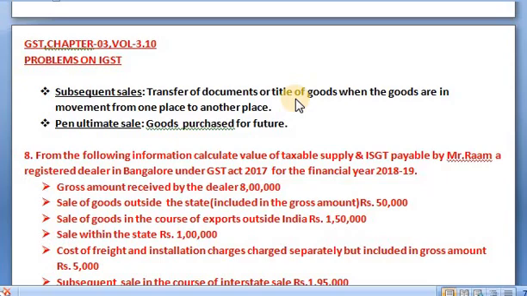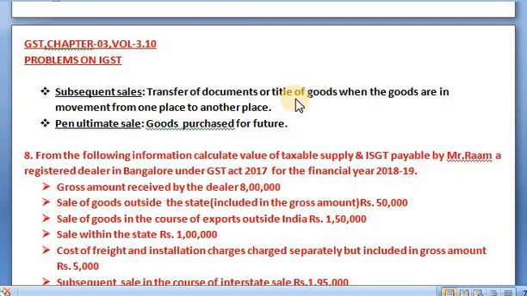So that particular document, when you are transferring to the other party or to your customer, that particular sale is called a subsequent sale. So here the goods is not getting transferred or sold over there, but already the product or goods is in transit, already it is in movement from the place of manufacturer or seller to the place of consumer. In that, sometimes the documents will not be sent.